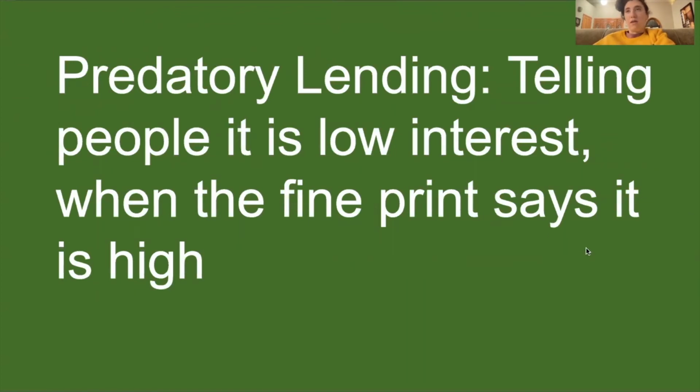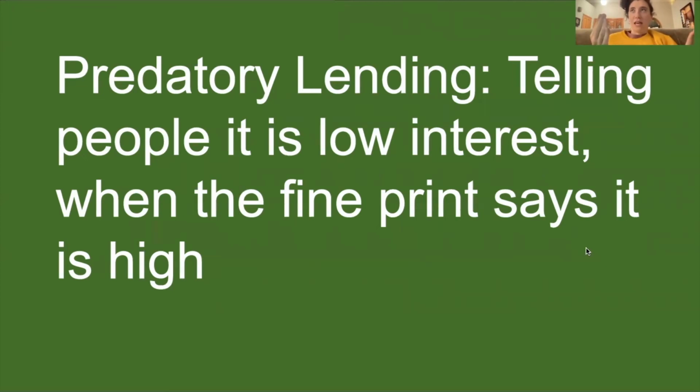So talking about the 2008 recession, we get into this idea of predatory lending, which is a really terrible thing that banks were doing at this point. They were telling people that they needed to take out a mortgage with them because it's at a low interest rate. They're saying, hey, come to the bank, take out a mortgage, buy a house. We have a really low interest rate, so you'll be able to pay it off and everything will be fine.